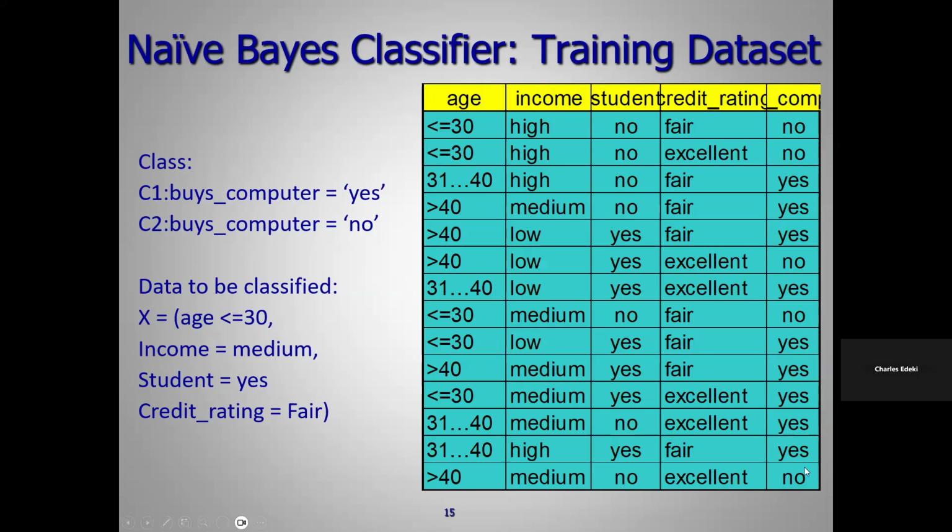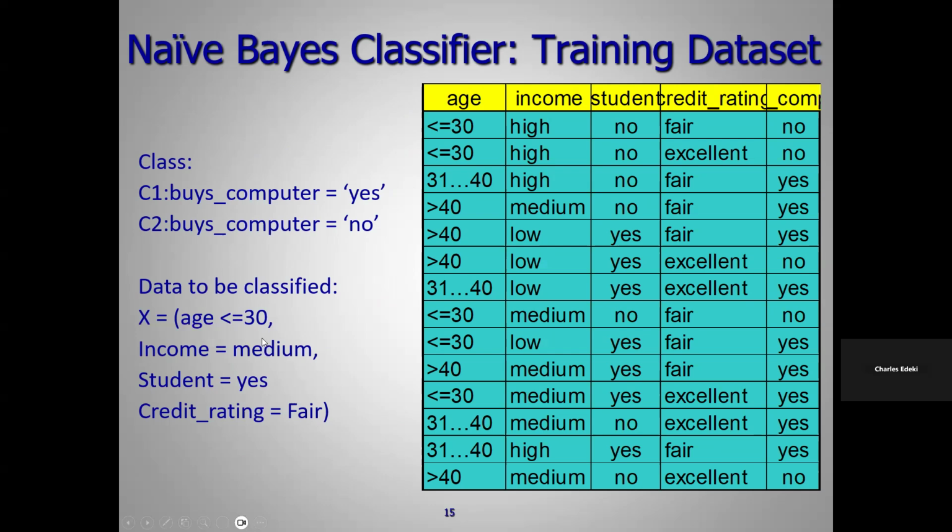So the target is binary classification, yes or no. For the data to be classified, we want to know if your age is less than or equal to 30, and your income is discretized: low, medium, high.